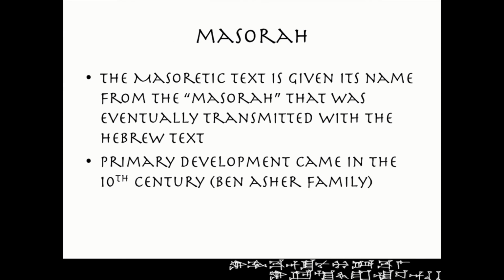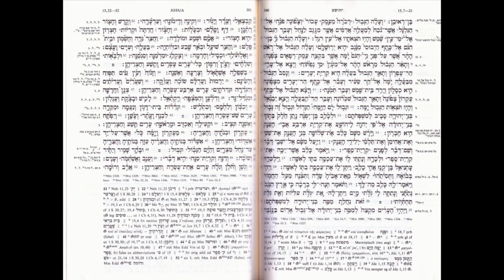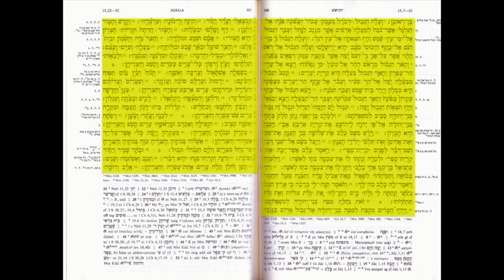By way of review, we've talked about the Masorah a number of times, but the Masoretic text is given its name from the Masorah that was eventually transmitted with the Hebrew text. Its primary development came in the 10th century with the Ben Asher family. This is the book of Joshua, and you notice here highlighted in yellow, this is the main Hebrew text that was transmitted.